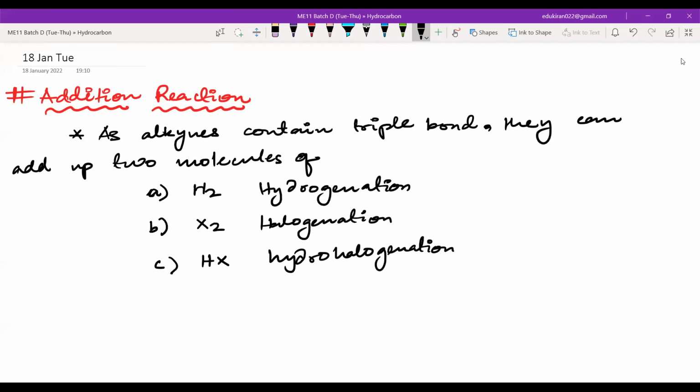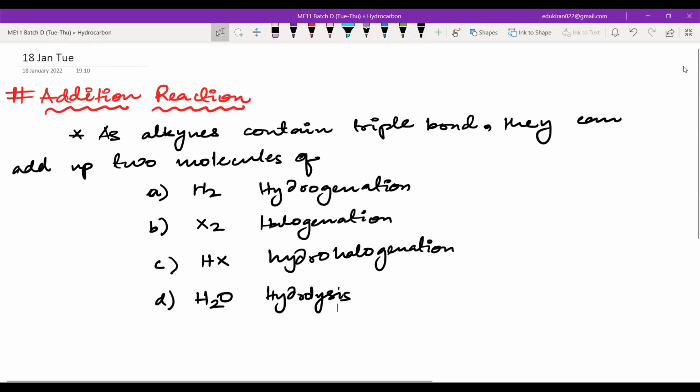We will also do addition of water. Let me write one more point. Addition of water. So what will be addition of water? This will be hydrolysis. Hydrolysis. Write this down.